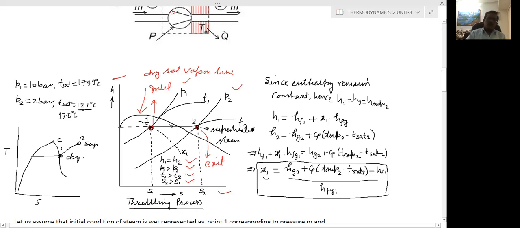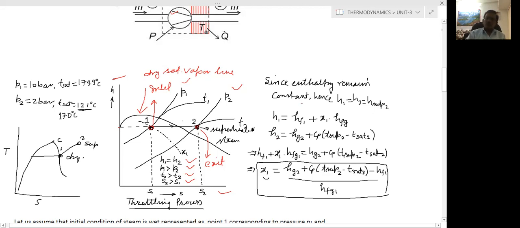At point 1, it is showing the condition of the wet steam. And at point 2, the wet steam is converted to superheated steam. Because in this process enthalpy remains constant, we can equate the enthalpy at the inlet as well as at the exit.